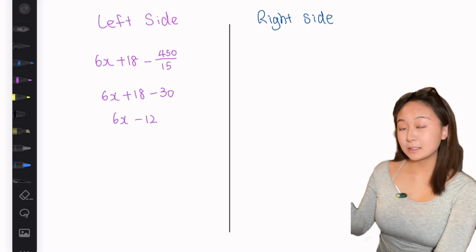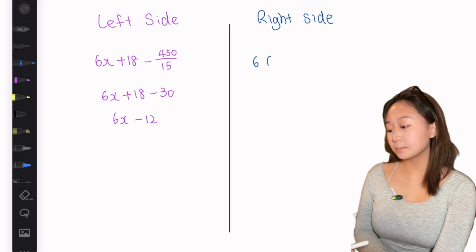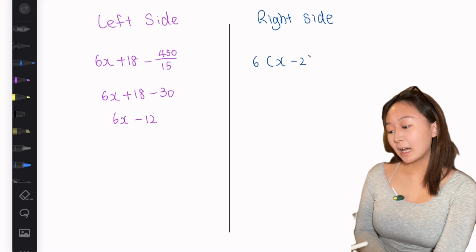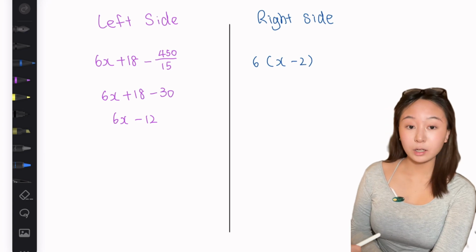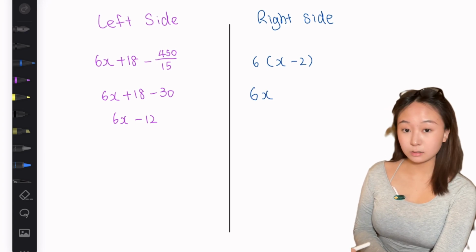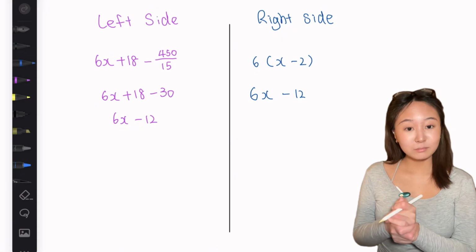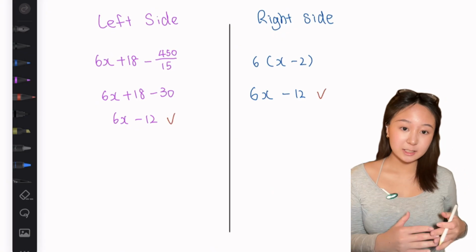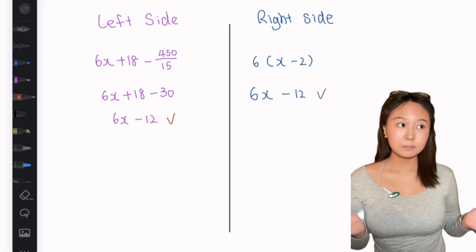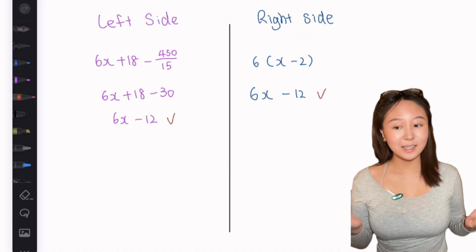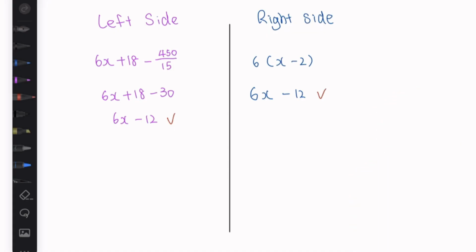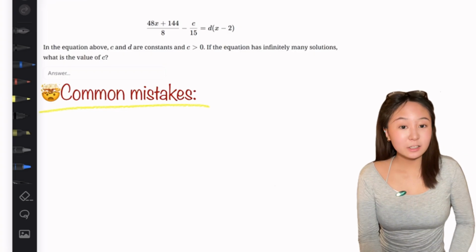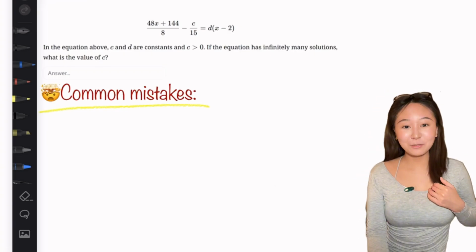Okay, now let's look at the right side. 6 times (x minus 2), and we got 6x minus 12. So yeah, they're the same, which means this equation is true for any x, or in other words, it has infinitely many solutions.